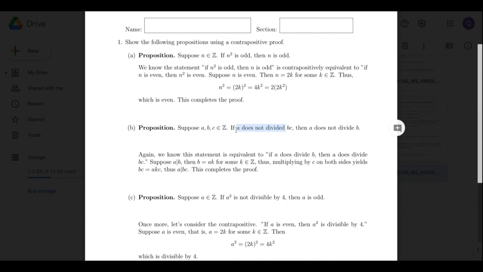If a does not divide bc, then a does not divide b.